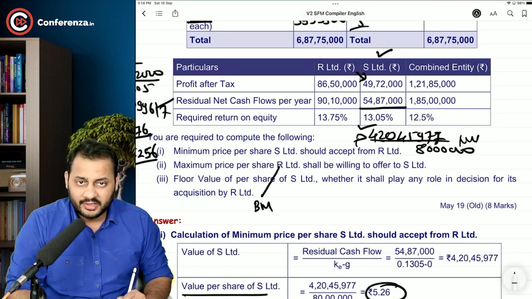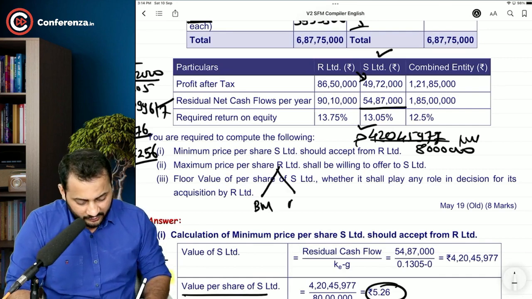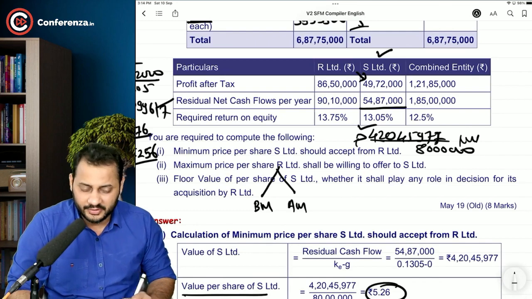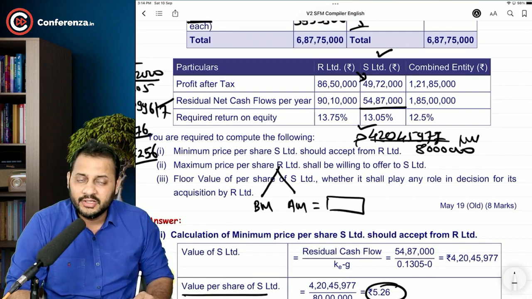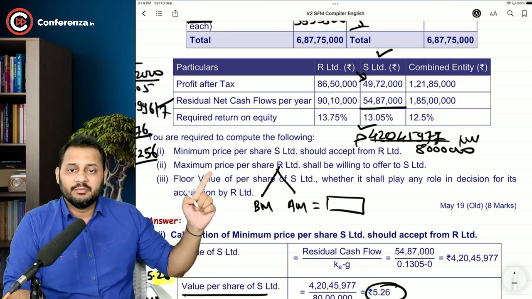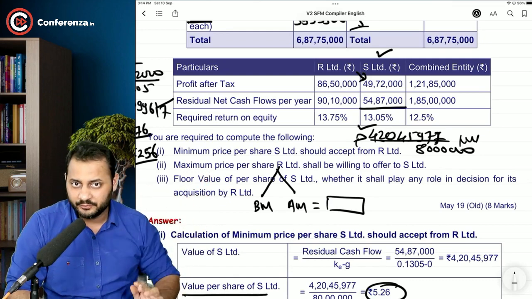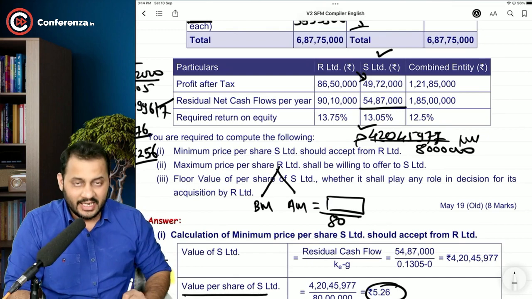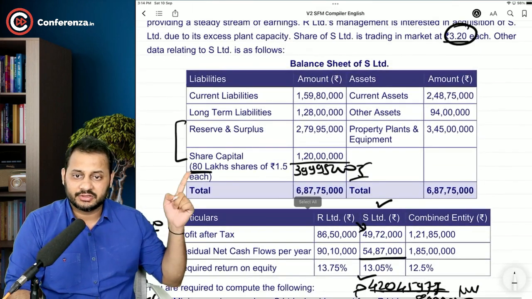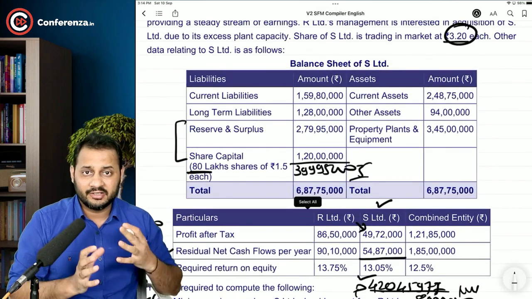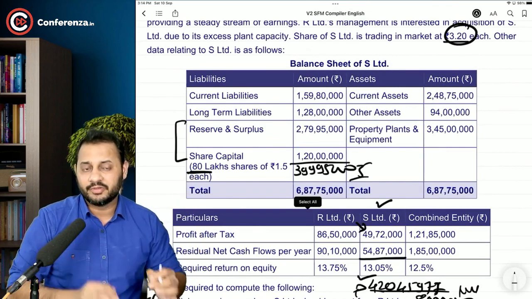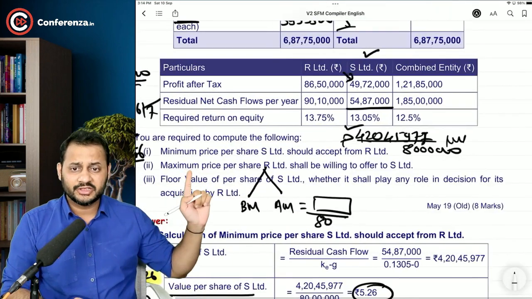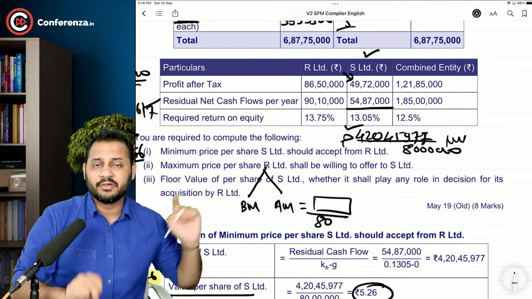Before merger market value of R Limited, after merger market value of R Limited. The difference between these two will be the amount that R Limited is ready to pay to S Limited, divided by 80 lakhs, because they have 80 lakh shares. So if we are asking 800 lakh rupees to be given to them at 80 lakh shares, we will get the price per share. That's what the question is asking, maximum price per share.